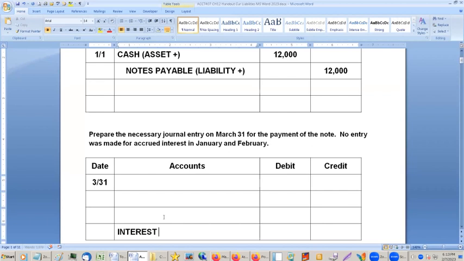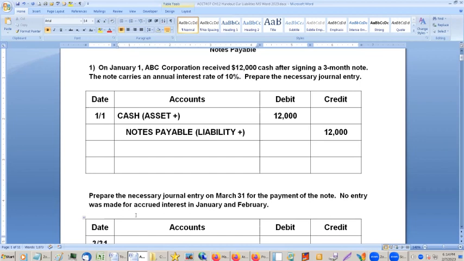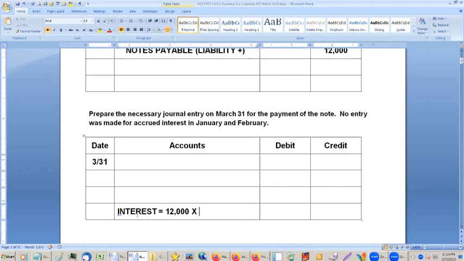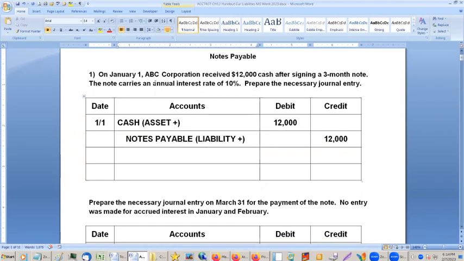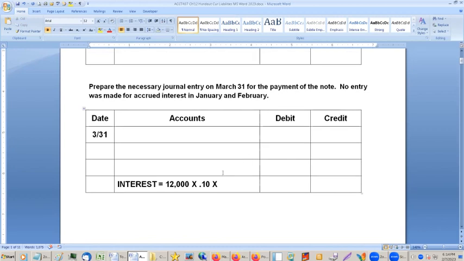All right, interest equals, well, we borrowed $12,000. The interest rate is 10%. And by the way, these interest rates are always given annually. By law, they have to be given annually. So this is for the entire year, but we only had it for 3 months. So we're going to multiply this by 3 of the 12 months that we had it.